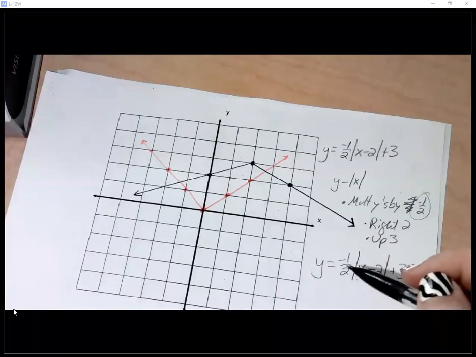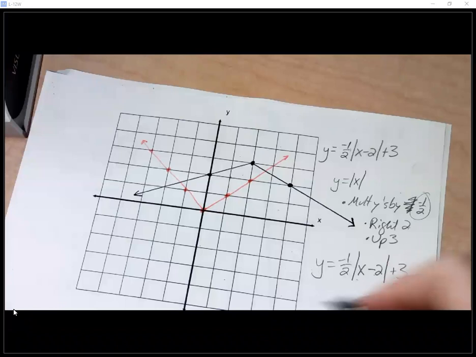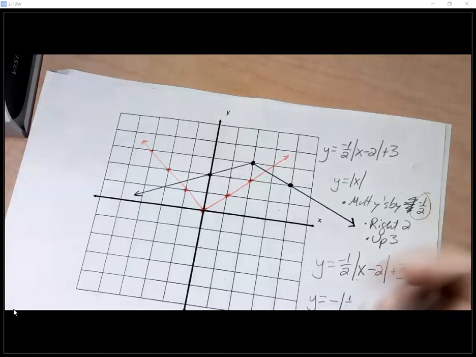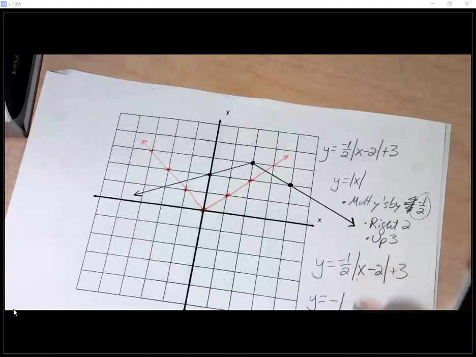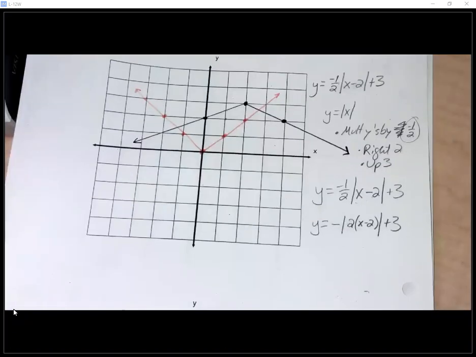Did anybody do this? Maybe you had something like, trying to think how this would have to look. Oh, yeah. 2 x minus 2, like that, you said?